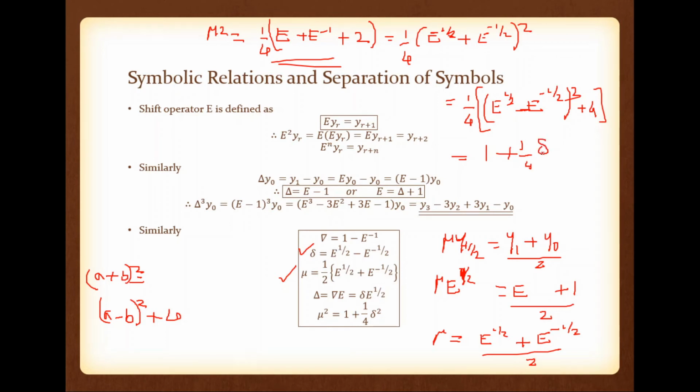Central difference. e^(1/2) minus e^(-1/2) is the central difference term, theta. Then outside we have a square term. So mu square is equal to 1 plus 1 by 4 into theta square. That is the last term. This is not important for interpolation. So please note mu square is equal to 1 plus 1 by 4 into theta square.